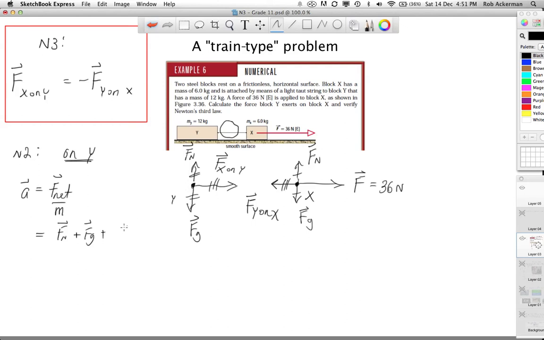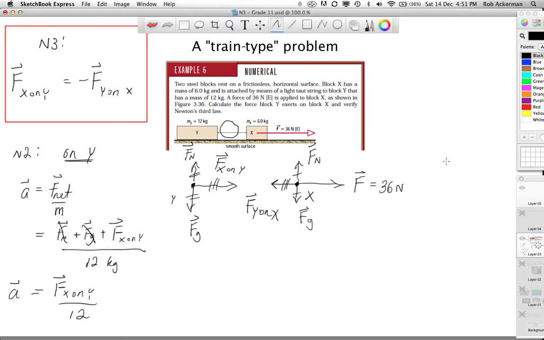We've got the force of X on Y. We divide by the mass of Y, which I believe is given as 12 kilograms, right? And like I promised, we're going to cancel those. Okay, so what do we get down to? A equals F of X on Y divided by 12. Problem: 2 variables, 1 equation. We're not able to solve.